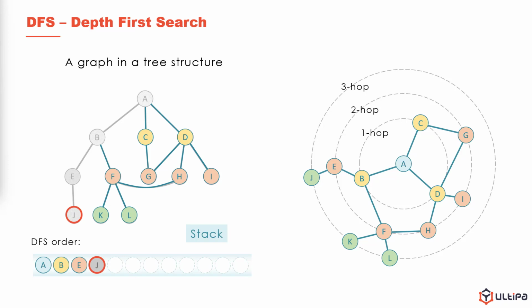Now backtrack to the previous node in the stack to resume the inspection that is suspended. Node E also exhausts. Mark it gray and continue backtracking.